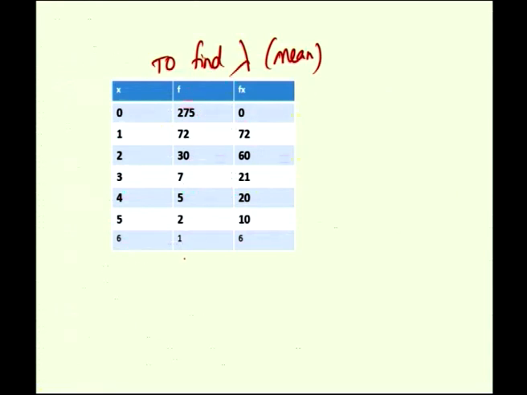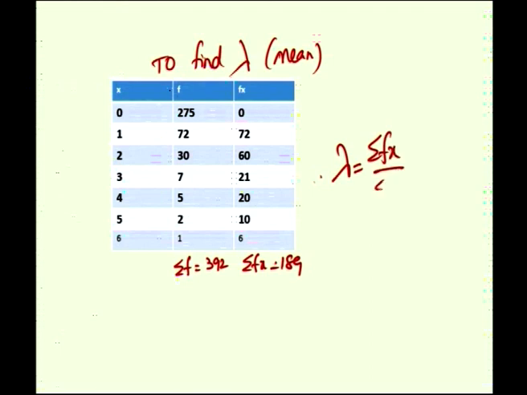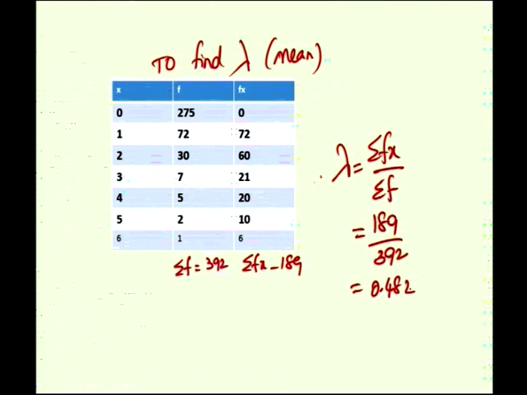Summation f is 392 pages, and summation f x is equal to 189. Therefore, lambda is equal to summation f x by summation f, 189 by 392, and the value is 0.482. So, lambda is equal to 0.482.